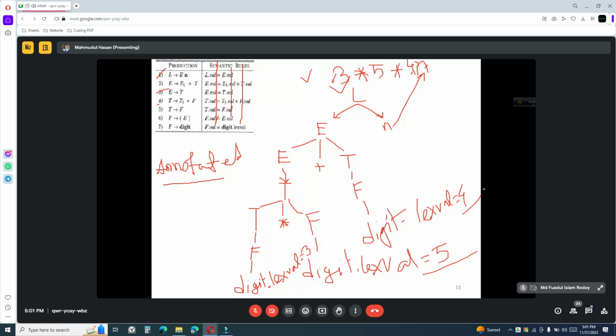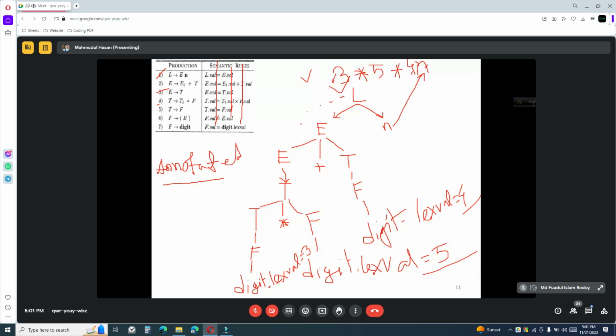Okay, and your parse tree starts from the top. I think all of you know about DFS, depth first search, is it? Yes, sir. The DFS traversal. That means you need to go as far as you can. So you start from here.